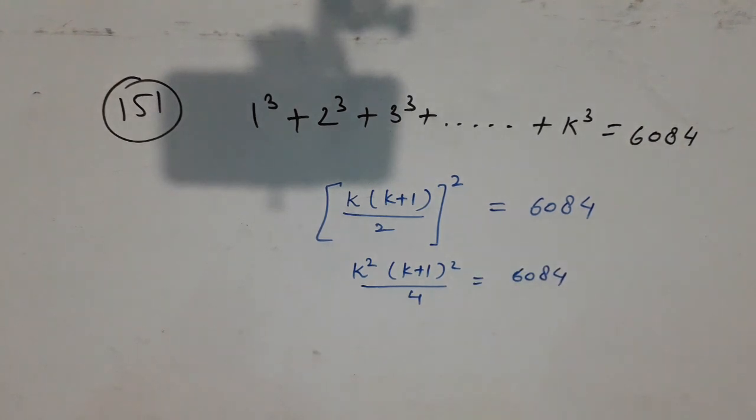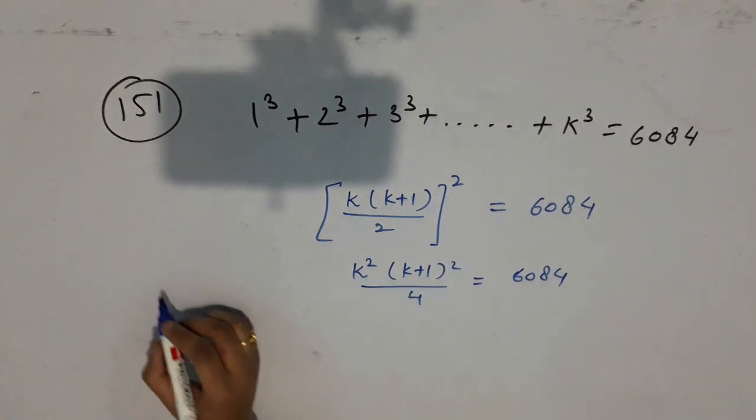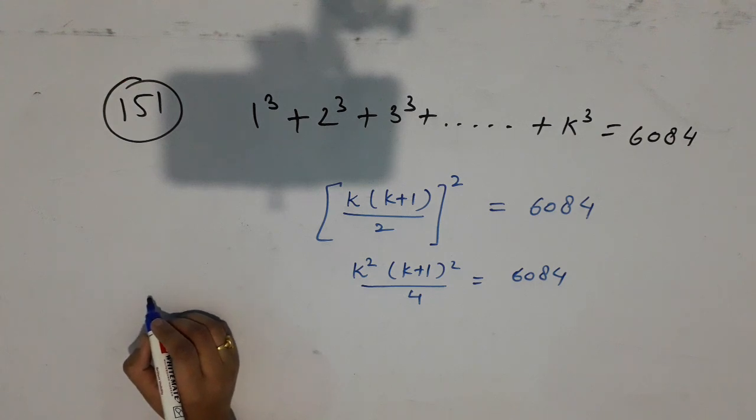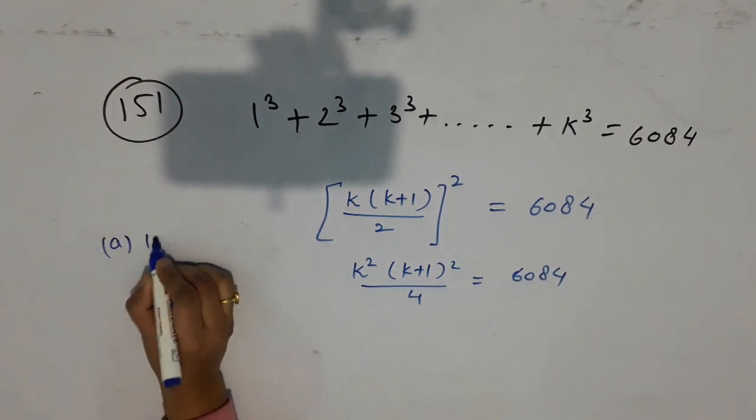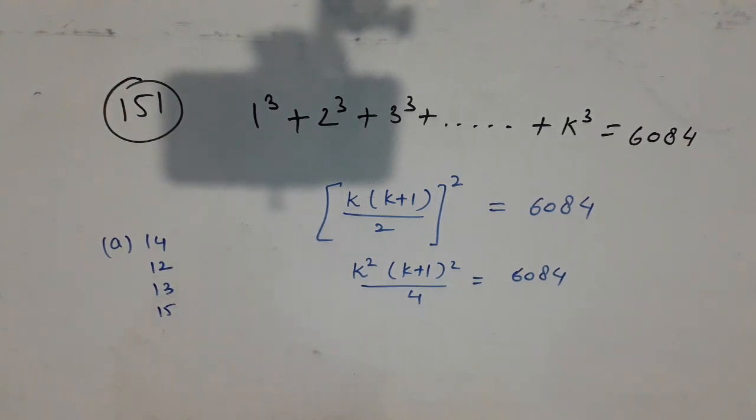Best way to solve this question is by checking the options. We can just put all the options, whichever value will satisfy, that will be the value of k. So the options are 14, 12, 13 and 15. The first option is 14, second is 12, 13 third, and 15 is the fourth.